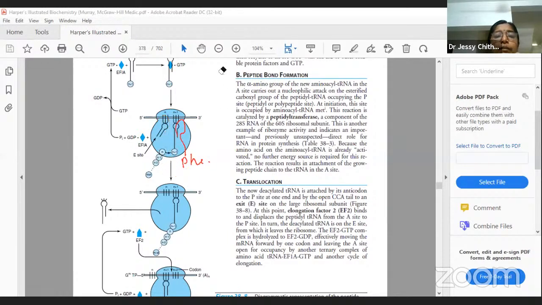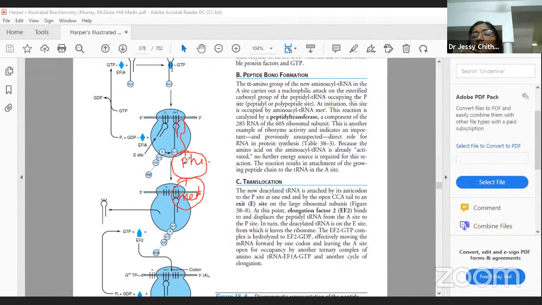The methionine will form a peptide bond with the amino acid occupying the A site. The enzyme is peptidyl transferase. We are dealing with the eukaryotic translation process now.